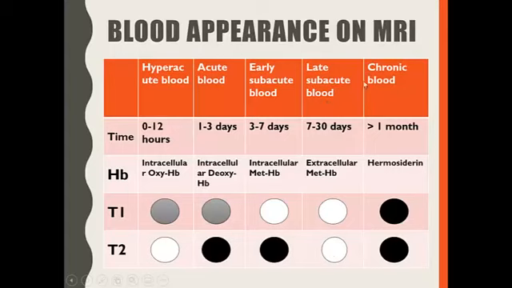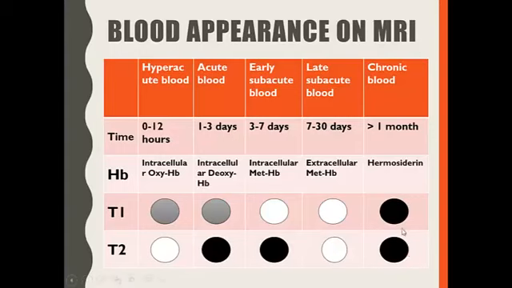On chronic bleeding, after 1 month, hemosiderin will be the main component here, and it's superparamagnetic, so it will increase the T1 relaxation time, so it becomes low signal on T1, and it shortens the T2 relaxation time, so it will be dark signal due to susceptibility. So hemosiderin will be dark on T1 and T2.